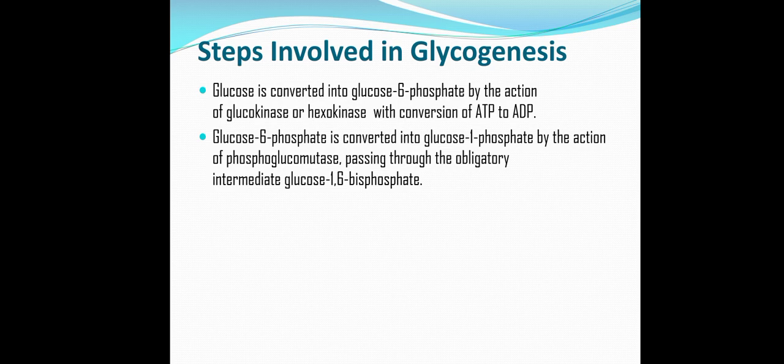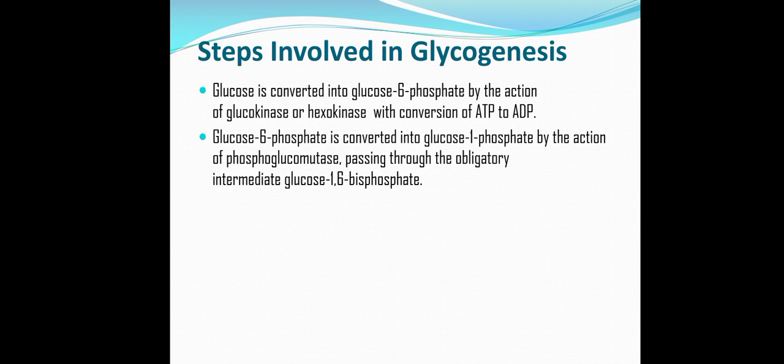This kinase enzyme is responsible for the addition of a phosphate group to the sixth carbon of the glucose molecule. In that step, one molecule of ATP is utilized. ATP provides the phosphate group for the phosphorylation of glucose.